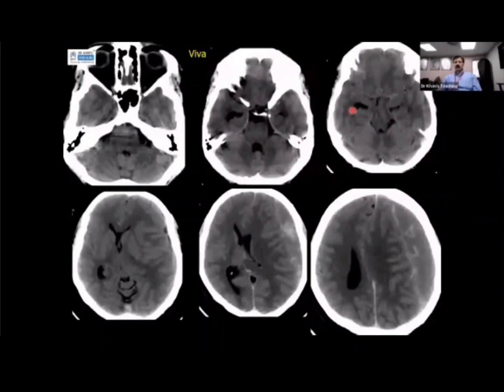As far as transtentorial herniation, concentrate here and tell the examiner that I can see evidence of transtentorial herniation with displacement of the uncus into the incisura. The midbrain is compressed and distorted.